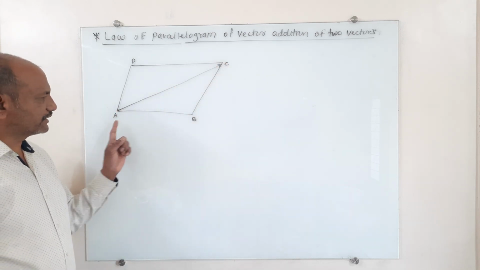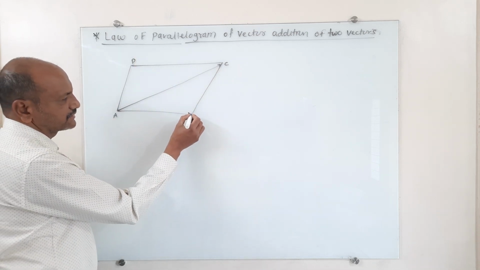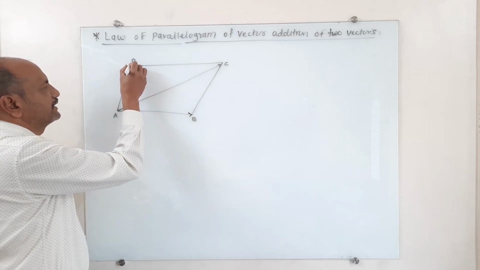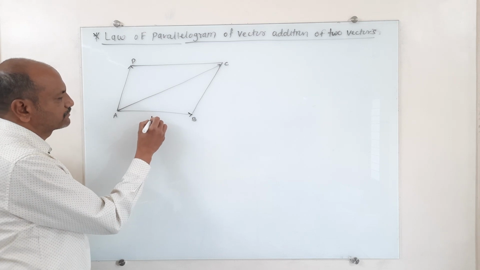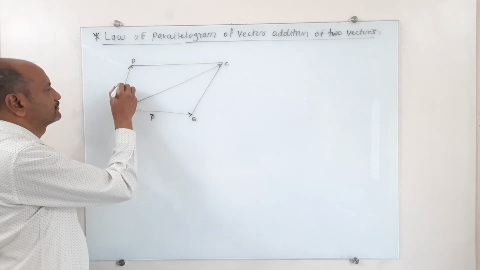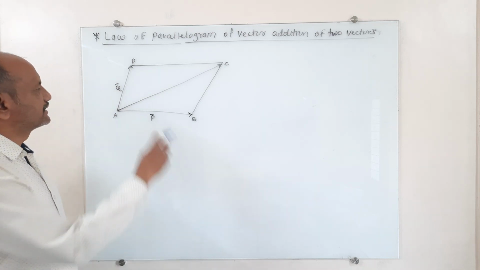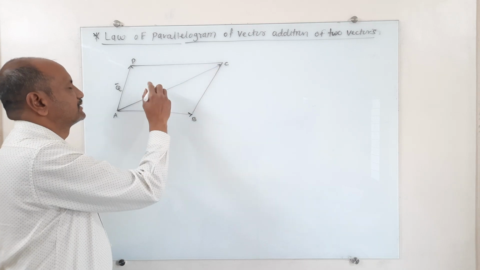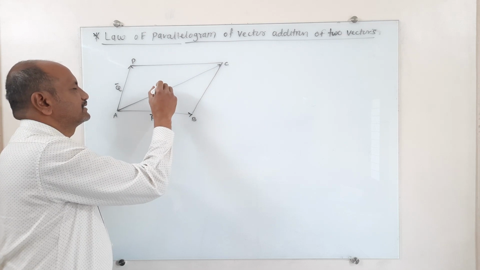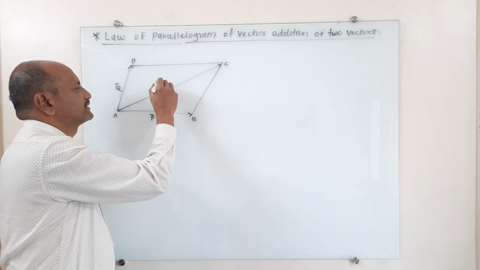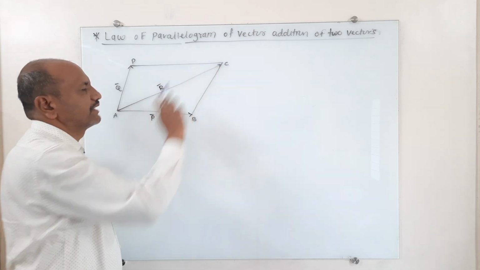In this parallelogram ABCD, adjacent sides AB and AD are representing two vectors P bar and Q bar, and their resultant is represented by AC. The resultant R bar is represented in magnitude and direction by the diagonal AC bar.